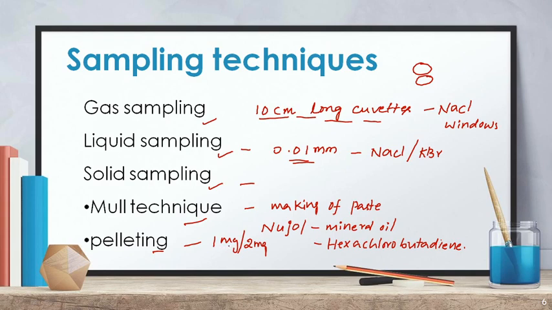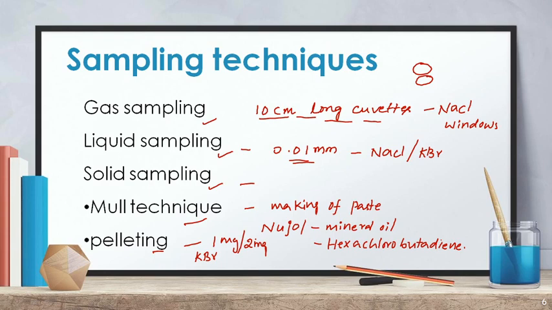Here the solvent used is simply potassium bromide. We take the sample and potassium bromide in small portions and grind the two contents to get a powdery compound.